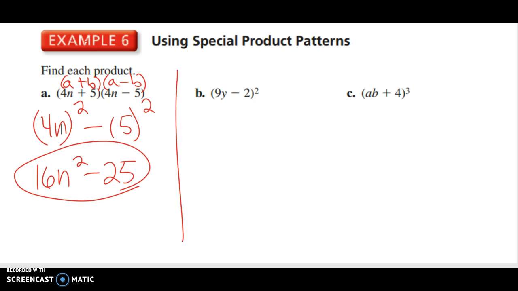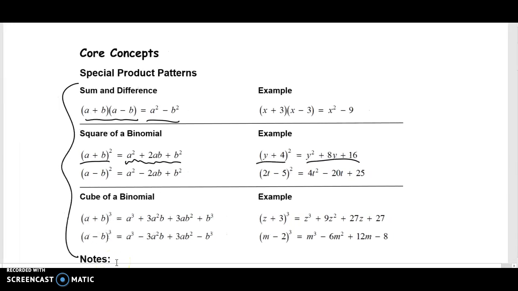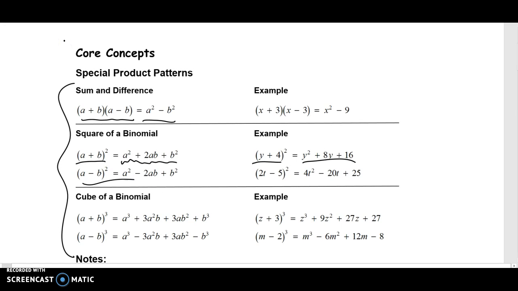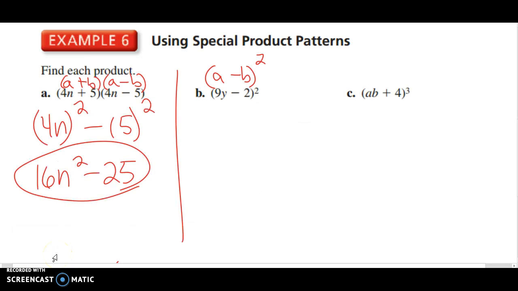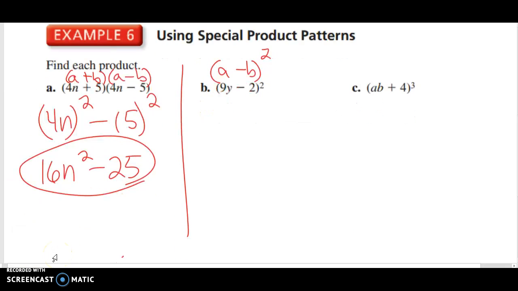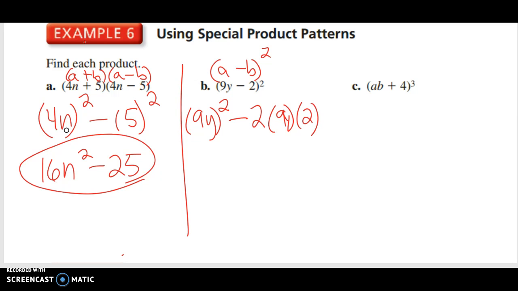For part B, this is the difference, and it's kind of like (a - b) all squared. So if we use that from the journal, look at this concept right here, (a - b) all squared, and we're going to use that idea to solve part B. So I'll do a squared, so that's 9y squared, minus 2 times a times b, and then plus b squared.